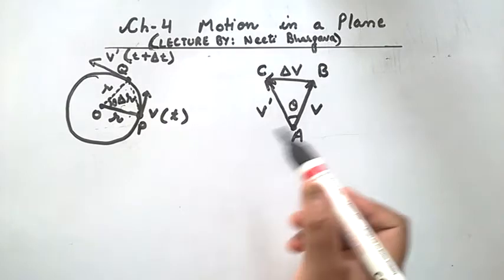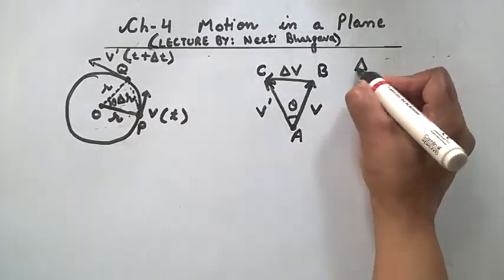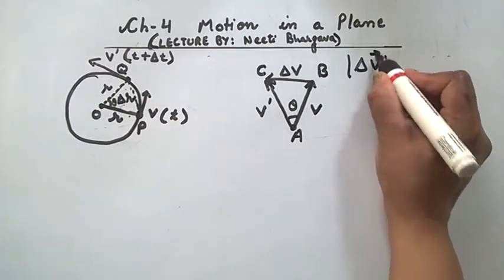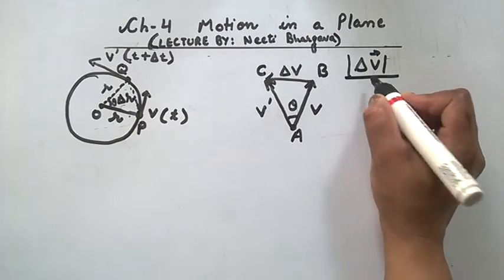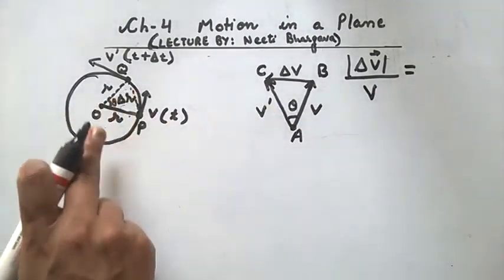Now, as these two triangles are isosceles triangles, we can write that the ratio of their sides are equal, that is del V upon V equals del R by R in magnitude.